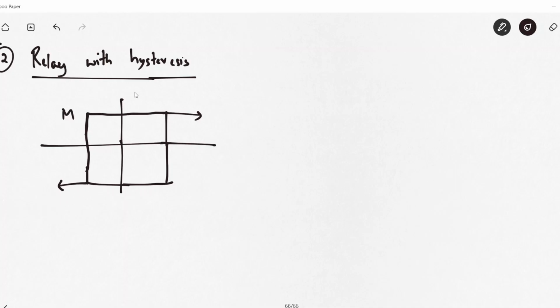Let the magnitude of the output be m, and the width of this be h, and this point be minus h. So we are superimposing a sinusoidal waveform on this.